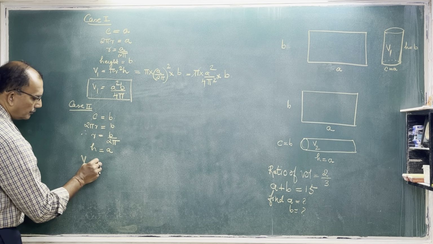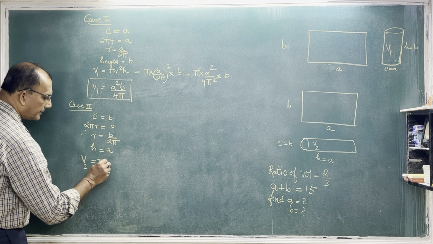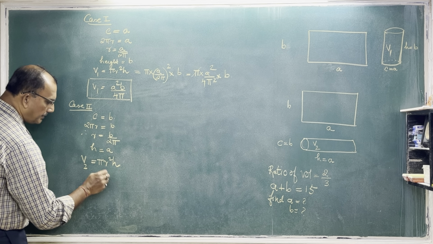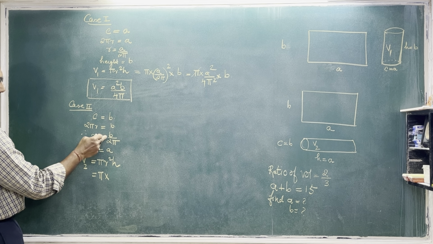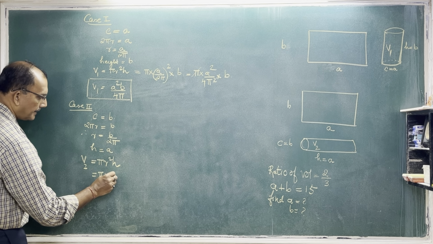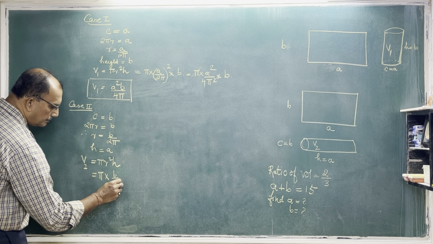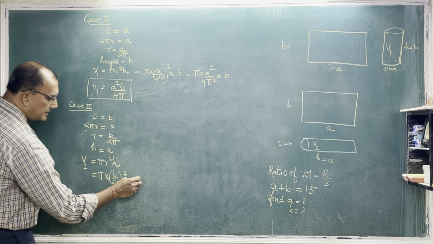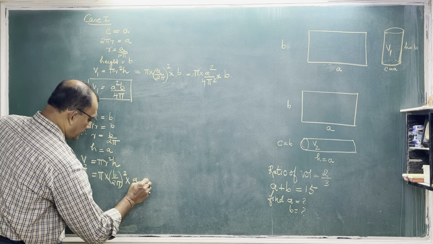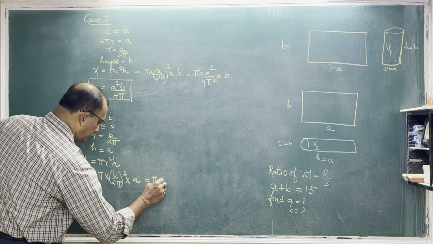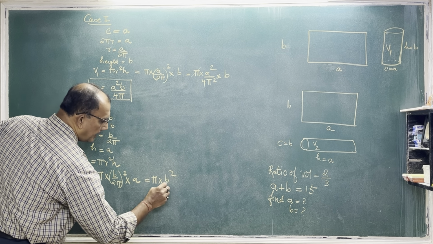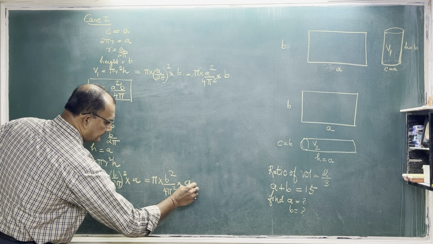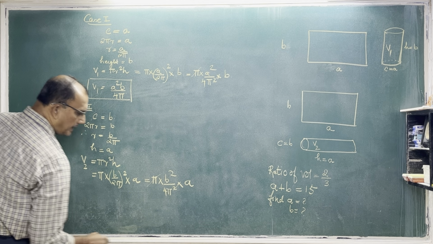Now can we find volume of this particular cylinder? So V2 will be equal to pi r square h. That is pi into, in place of r, I should substitute the value of r, that is B upon 2 pi, the whole square, into, in place of h, I should write A. So this is going to give me pi into B square upon 4 pi square into A. Again here, pi and pi square will get cancelled.